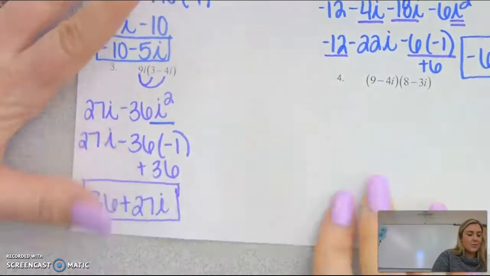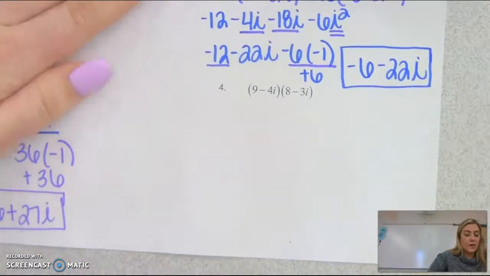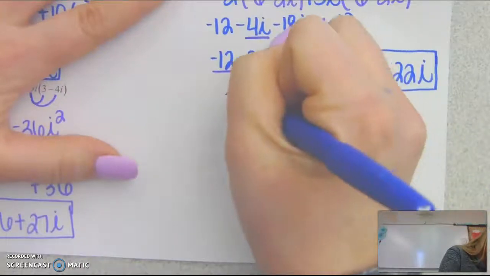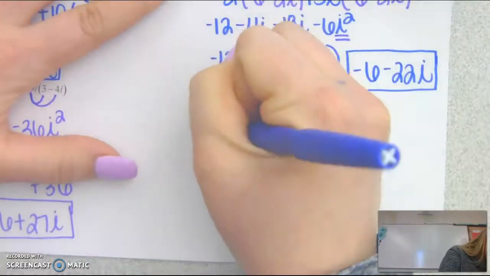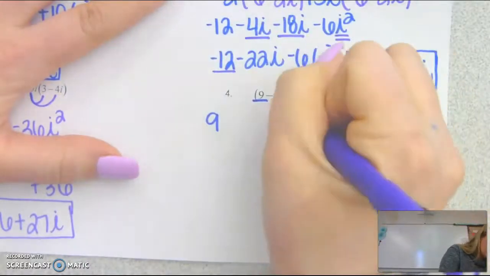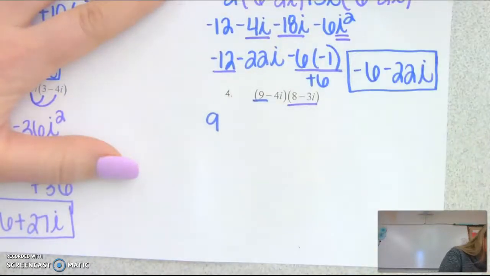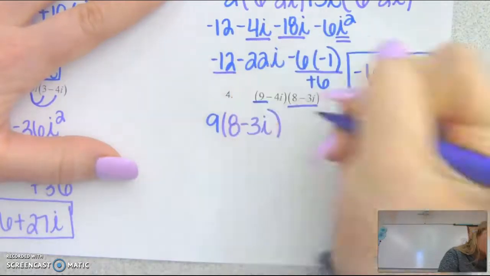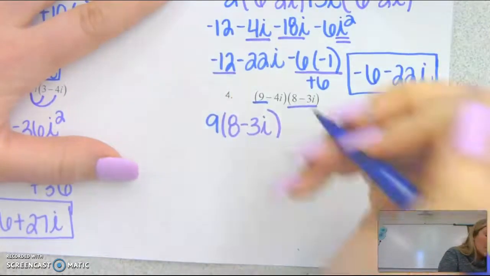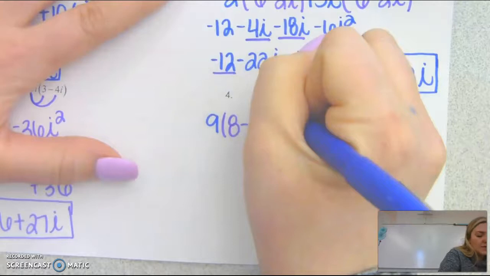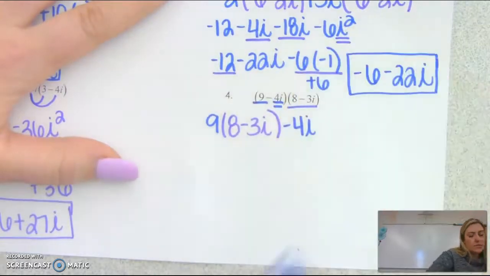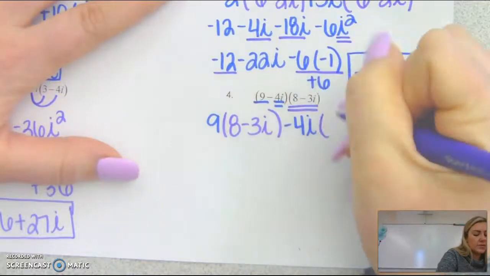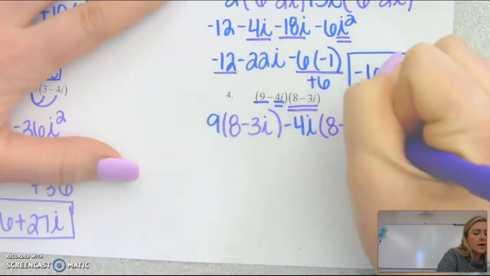Okay, let's do one more. So again, we're going to treat this like foiling. So I have just 9 first, and then I'm going to write my second set of parentheses after it. So 8 minus 3i. Then write the minus 4i, and the second set of parentheses again. So 8 minus 3i.